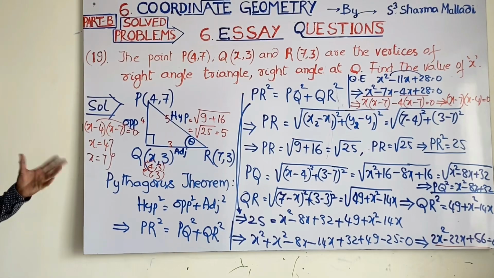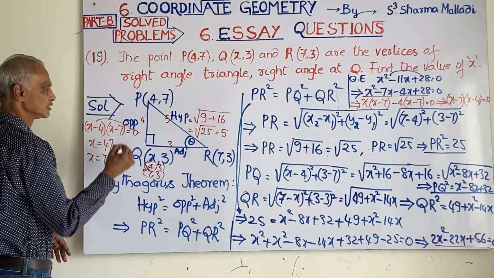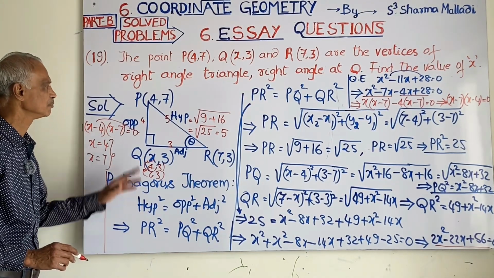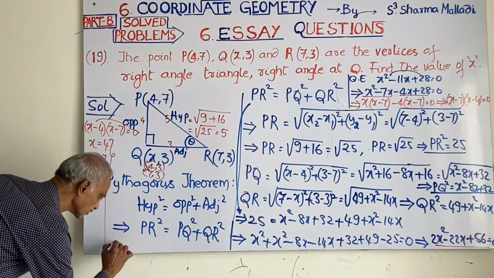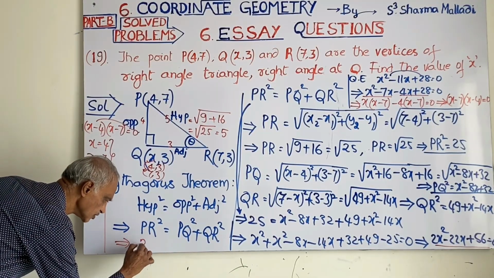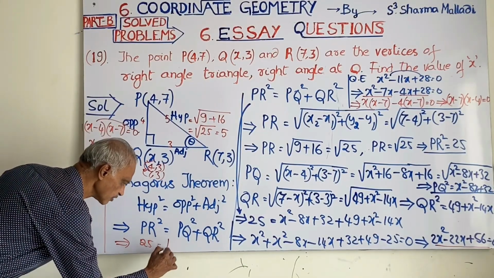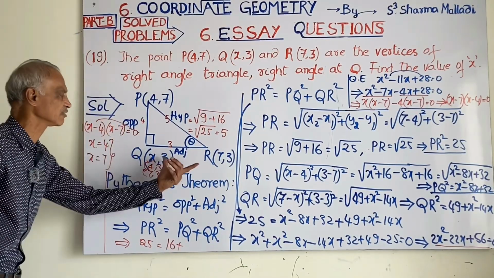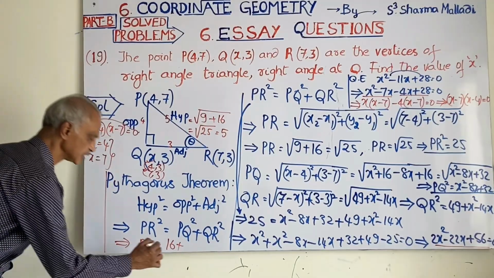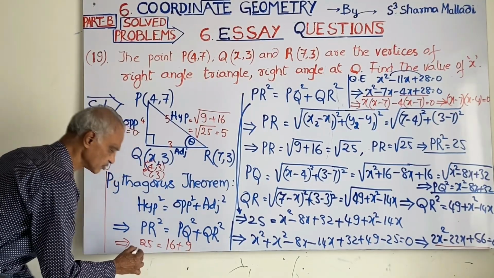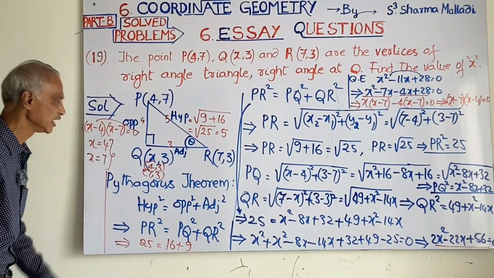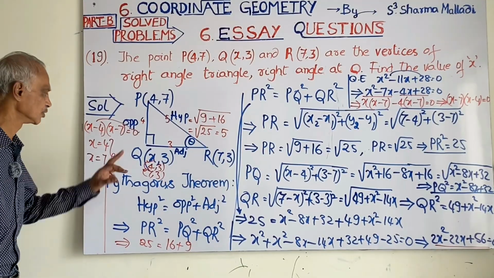Now you can check by Pythagoras theorem. PR square means 5 square means 25, is equal to PQ square means 4 square, 16, plus QR square means 3 square, 9. 25, LHS is equal to RHS, as our answer is true.